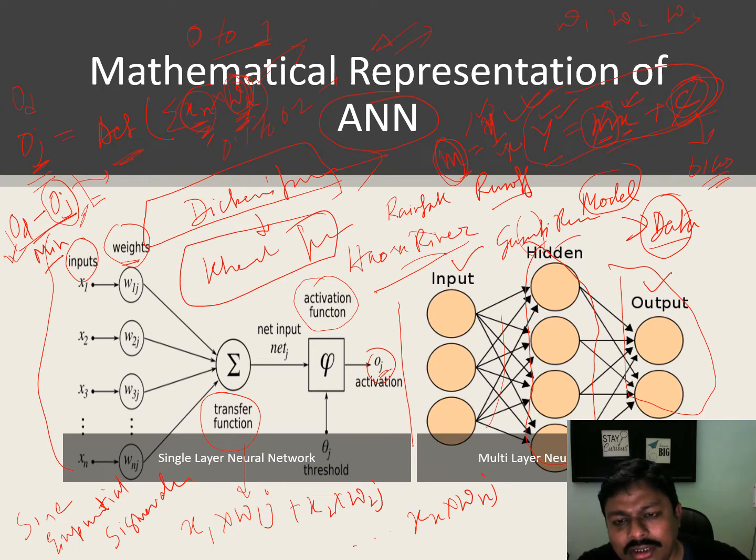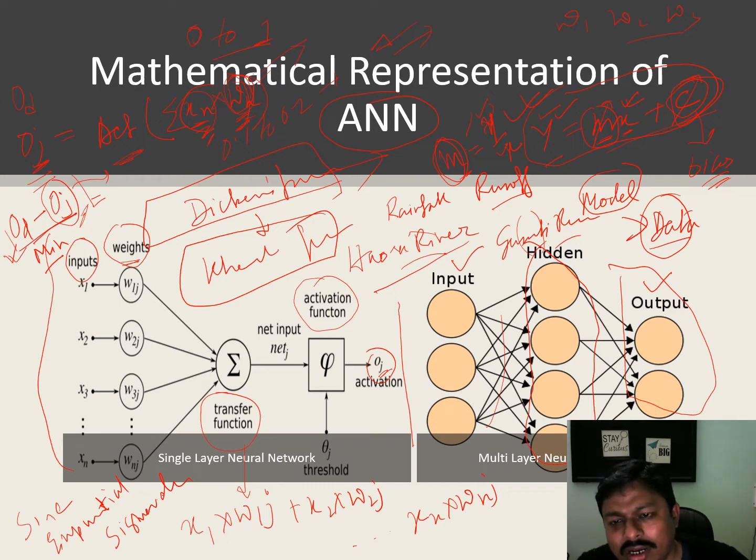Now the learning process in a single layer neural network is a one-step iteration process. But the process of information transmission from input to output in the single layer neural network is doubled, tripled, or multiplied by the introduction of hidden layers.